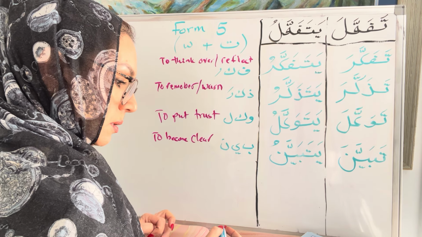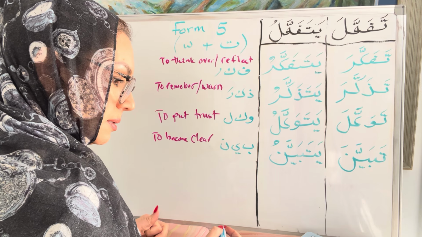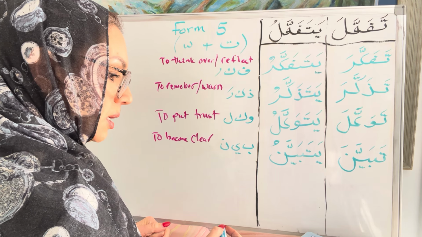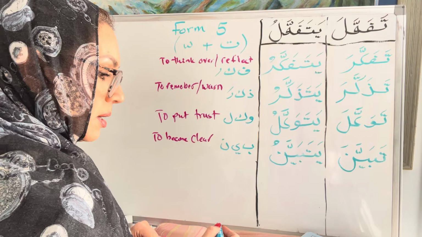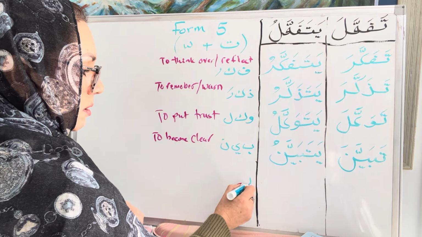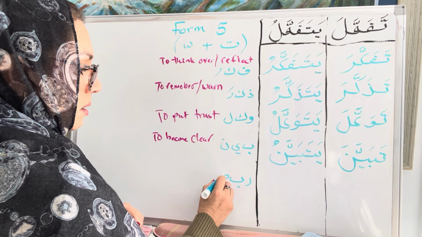Okay, the next one is tarabbasa. So the root is ra, ba, and sad.